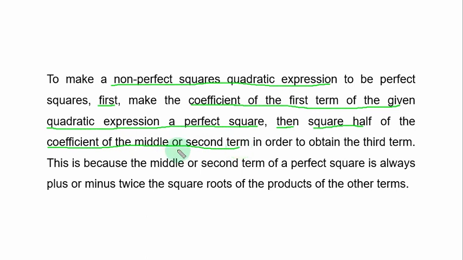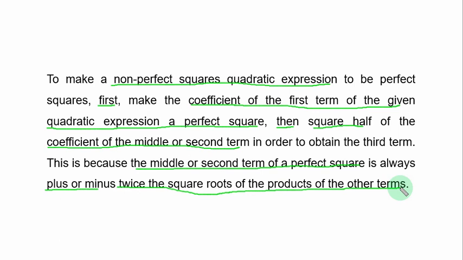This is because the middle or second term of a perfect square is always plus or minus twice the square root of the product of the other terms.